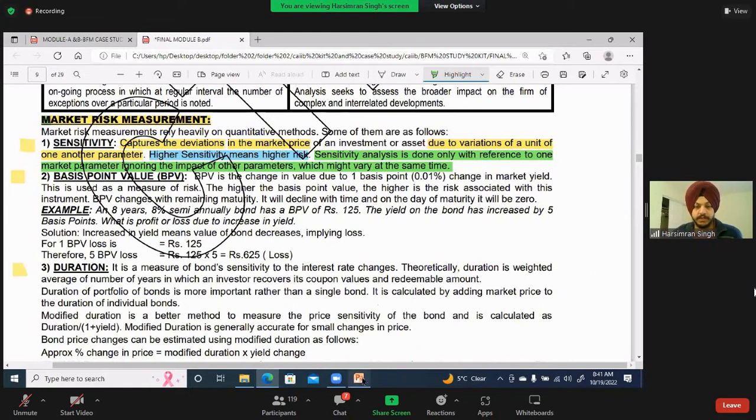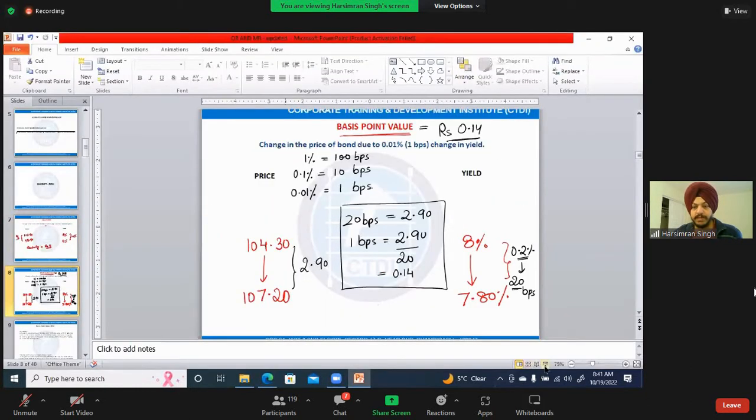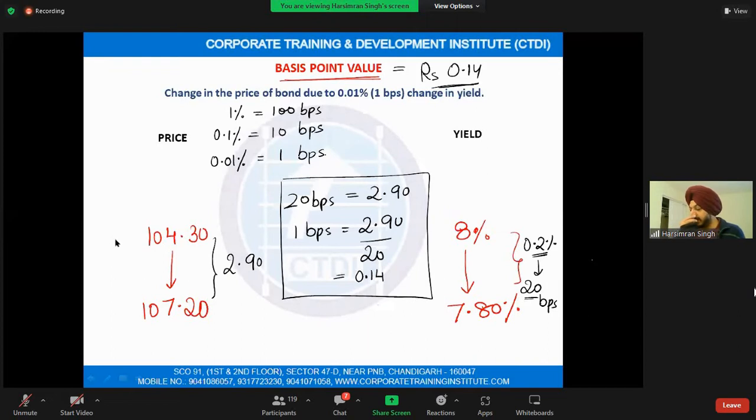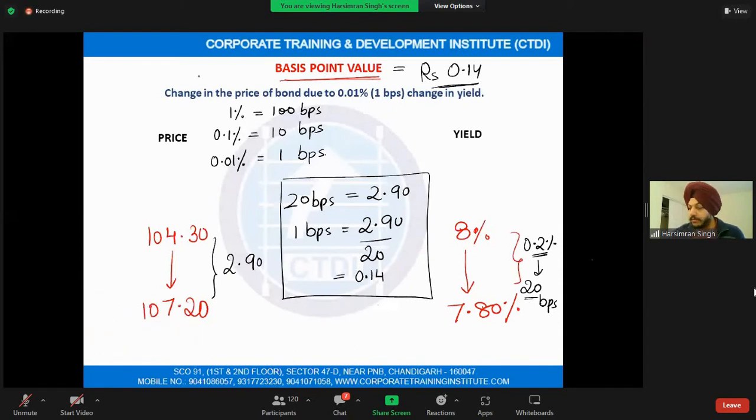Next is what is BPV? Very important. BPV is basis point value. Now, in BPV, again, we are going to check the change in the price of the bond, but now we are going to check the change in price due to 0.01% change in interest rates or yield.